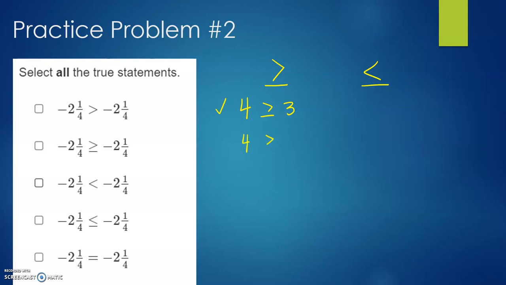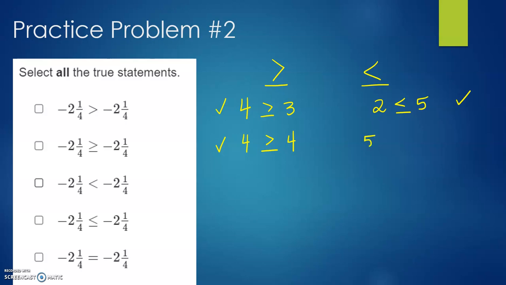If I said 4 is greater than or equal to 4, that is also a true statement because, remember, it has two choices. It can either be greater or it can be equal. Same over here. If I said 2 is less than or equal to 5, that's a true statement because 2 is less than 5.